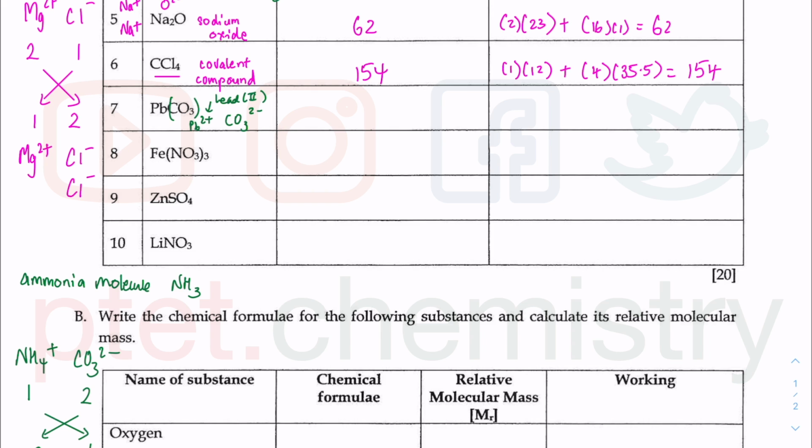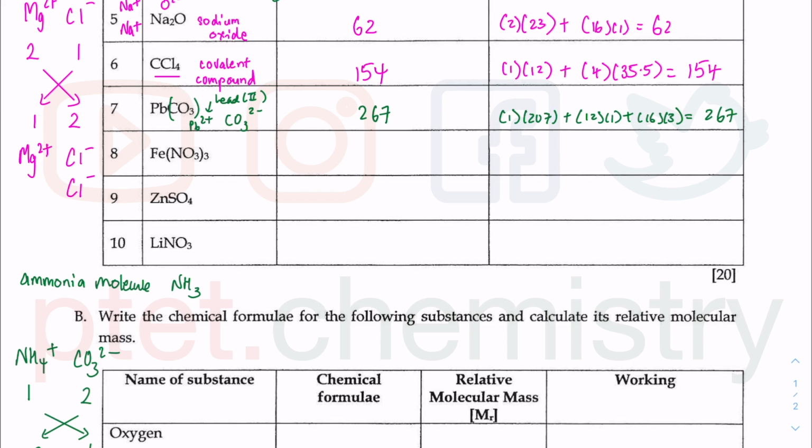So counting the atoms, you have 1 of Pb, so there's 207 times 1 plus 12 times 1 for the carbon, and then 16 times 3 for the oxygen. Put that into your calculator, 207 plus 12 plus 16 times 3, you get 267.